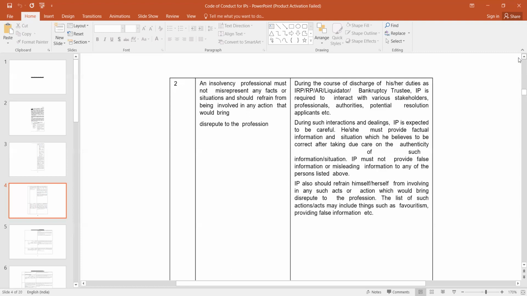So that, using improper language. Yes, yes. The list of such acts may include such things as favoritism. You are providing false information, because even resolution applicants are covered here.